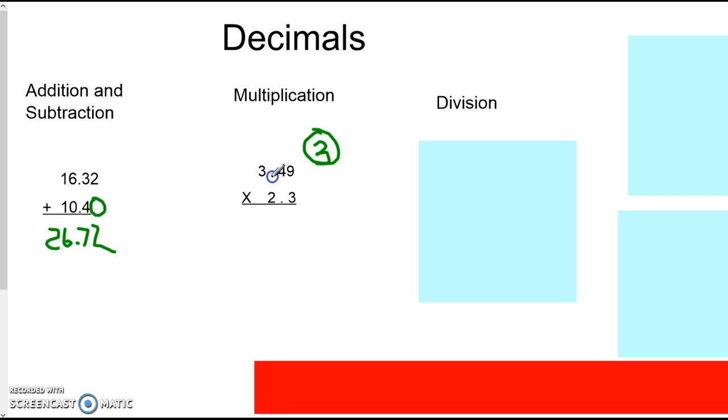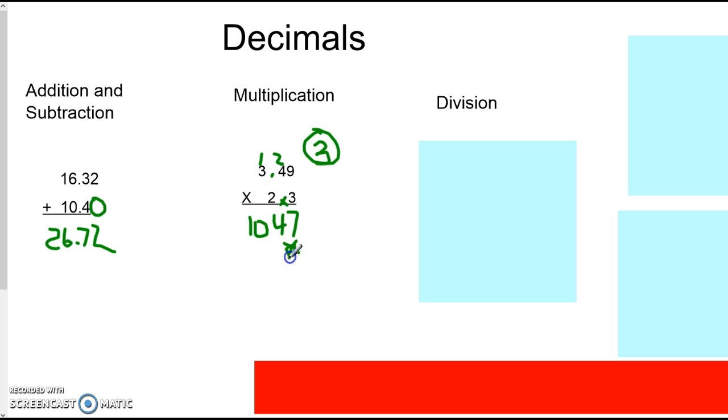So I'm going to essentially take out these decimals so that they don't bother me. They don't confuse me at this point. And from here, I just simply multiply as you normally would on a problem like this. Whenever you work your problems out, you'll have something similar to this.